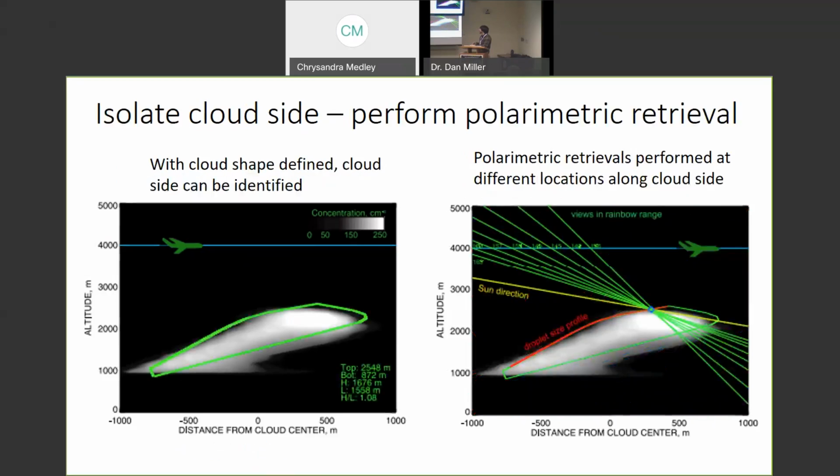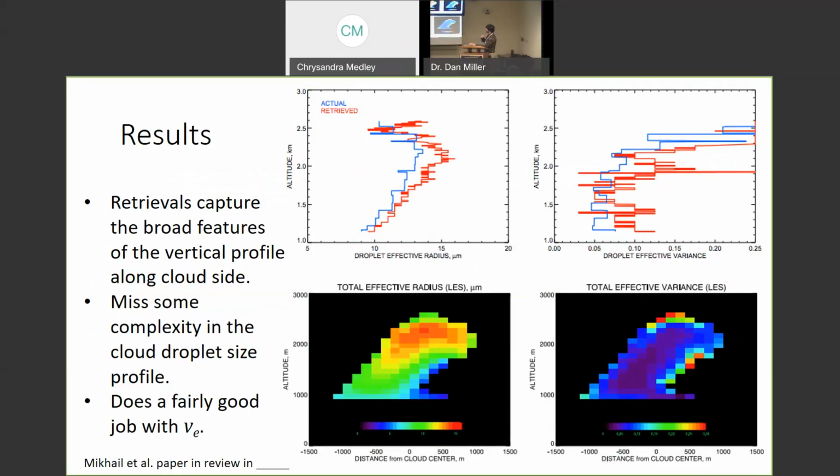And if you take the views that aren't tangent and you co-locate them along the cloud side, then you have the possibility to do this polarimetric retrieval right at the cloud side and say that this is where in the cloud's vertical profile I'm looking at. And if you do those retrievals, you get that red line on the top there in effective radius on the left and effective variance on the right.